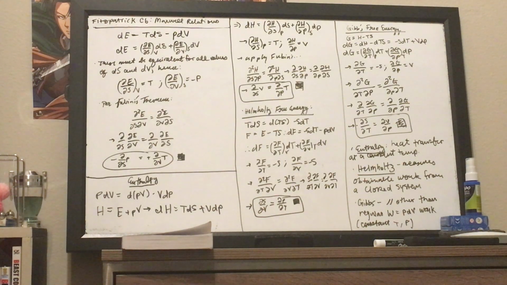But besides the point, we're going to be deriving our four Maxwell relations, which are very handy for relating the state functions of enthalpy, Helmholtz free energy, Gibbs free energy, and internal energy to their parameters like temperature, pressure, and entropy.